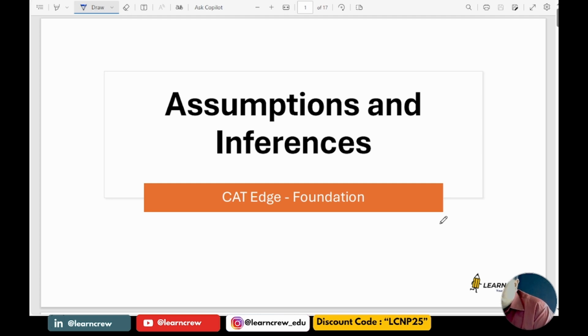Assumptions are often based on prior knowledge, experience, or beliefs. So assumptions are unstated facts on which the statement depends.